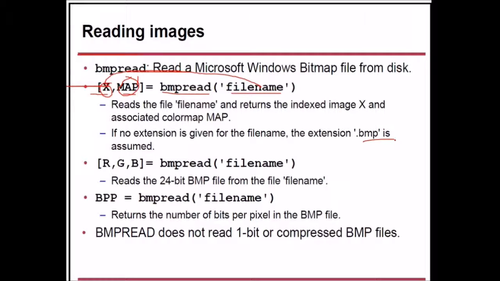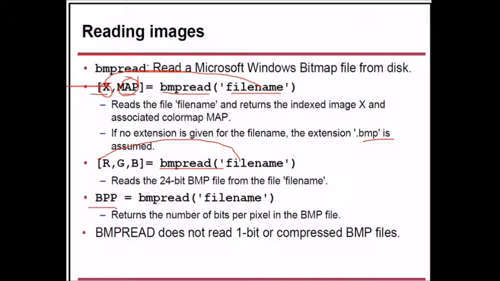For RGB, if we use bmpread with only the file name, it reads the 24-bit BMP file and gives the RGB parts of the image, basically the red channel, green channel, and blue channel.